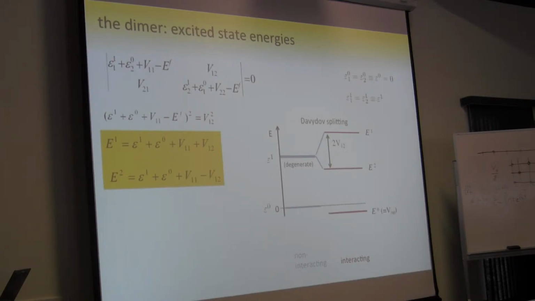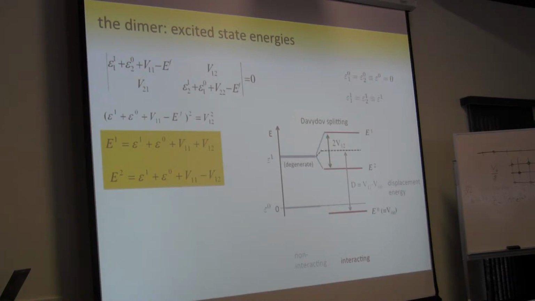And another important energy difference is the one which goes to the average of the excitation level here. And this average, I told you, if you add these 2, is shifted by V11 with respect to the non-interacting excited state energy here. And this is, again, not really the energy difference to the interacting ground state, because the interacting ground state is lower here. So this energy is not totally trivial.